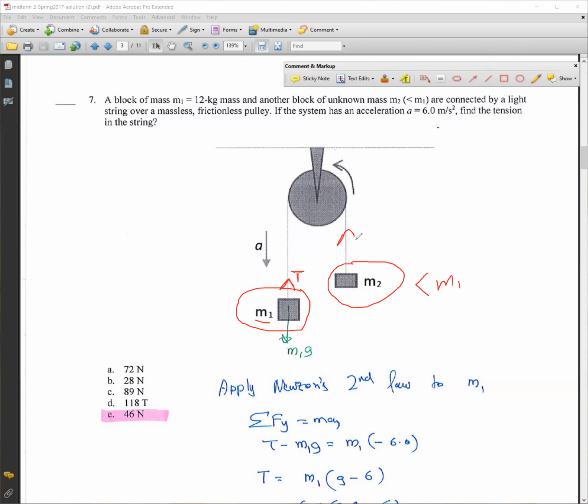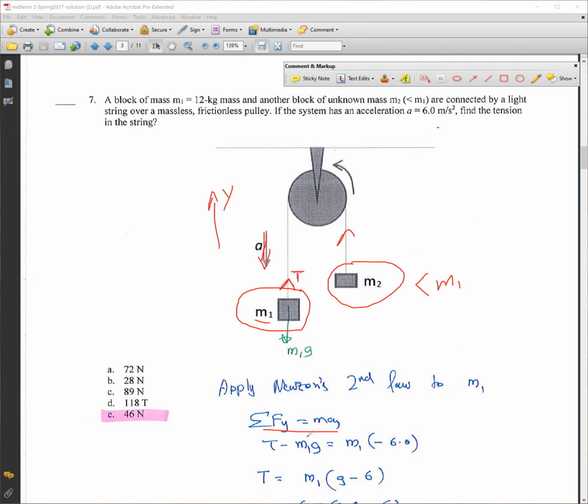Okay, so I have the same tension on both sides, which means if I apply Newton's second law on mass 1, again choosing positive y pointing up, the net force along y is equal to mass times acceleration. Acceleration I'll take as negative, pointing downward.